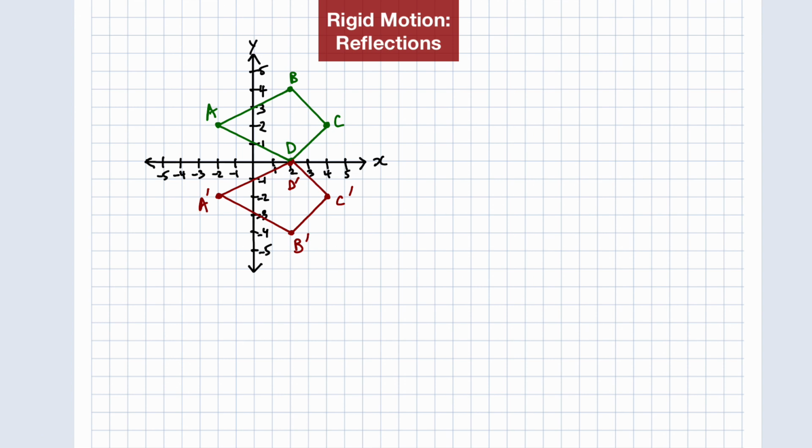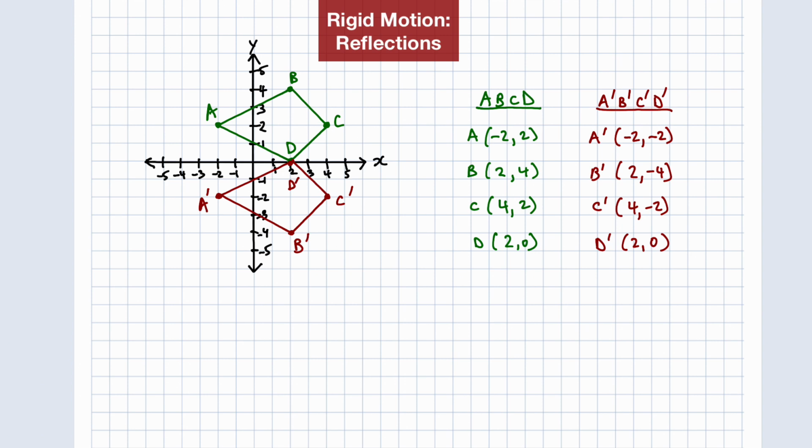So let's go ahead and put the points down for ABCD. Here I've got listed point A as (-2, 2), point B as (2, 4), point C as (4, 2), and then point D as (2, 0). And now we're going to do the same thing for A prime, B prime, C prime, D prime. Here are our points for A prime, B prime, C prime, and D prime.